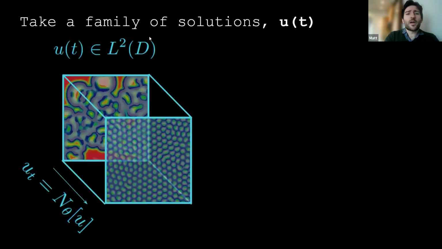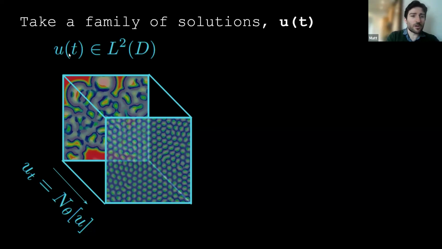So let's imagine that we have a family of solutions to a particular partial differential equation. Those solutions look like u(t), and we know that they evolve in time according to some equation of motion, which is in general the action of some nonlinear operator on u, parameterized by theta.